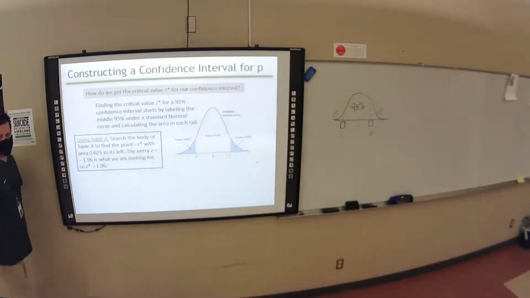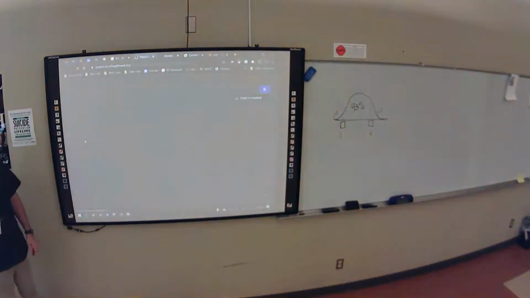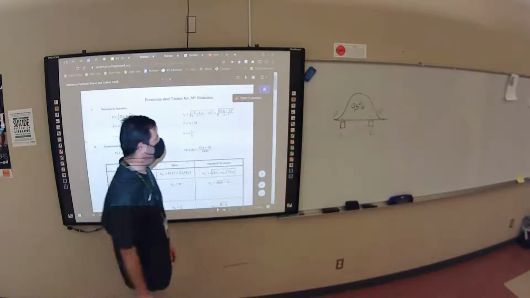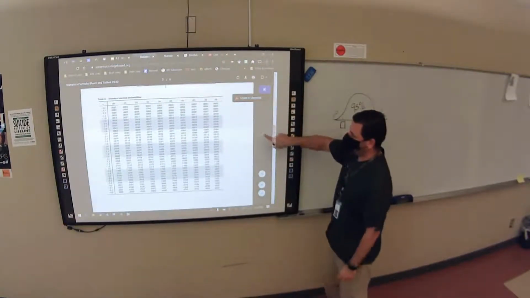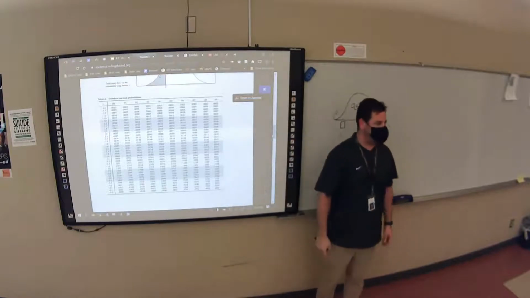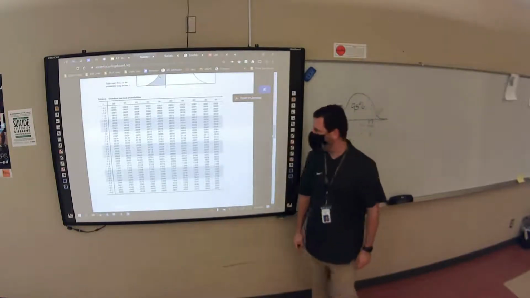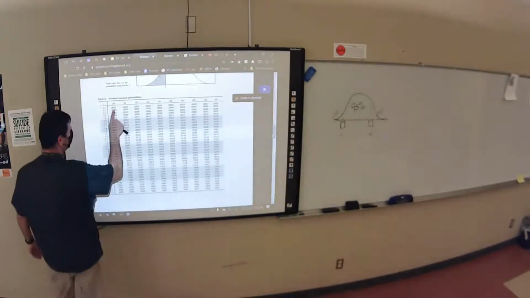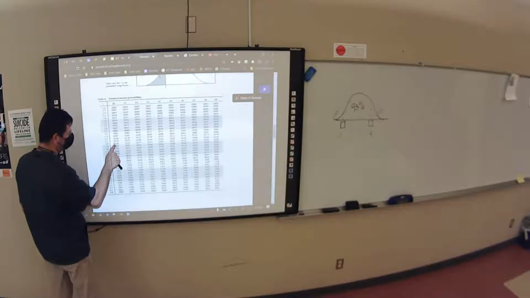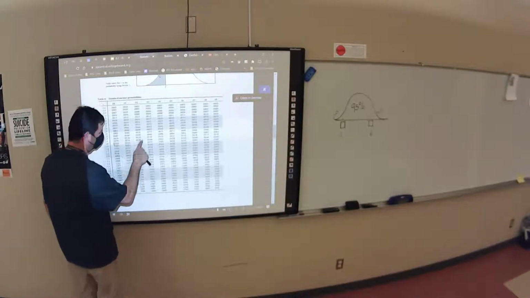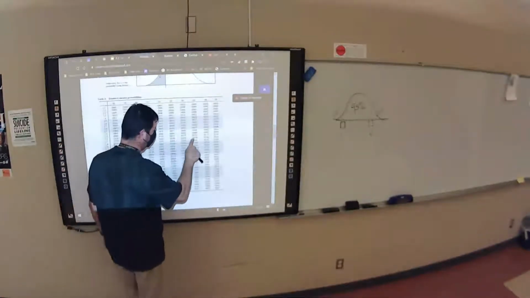You're gonna use table A if you want to. In order to use table A, it's confusing because we have to go through this whole thing right here and find 0.025. 0.01, 0.02, 0.017, 0.022, 0.017, 0.0127.